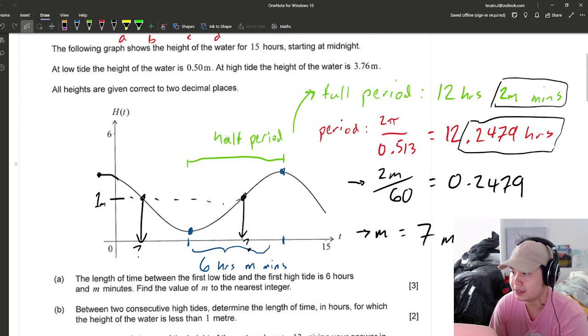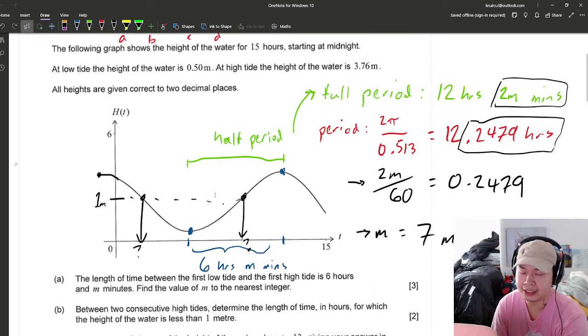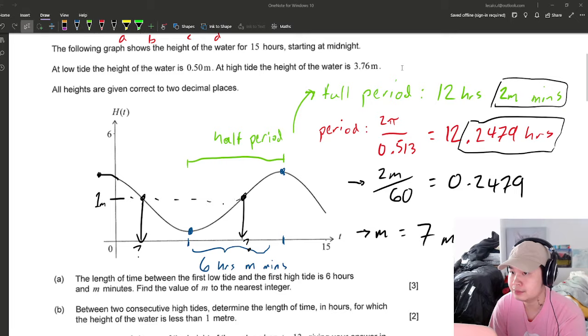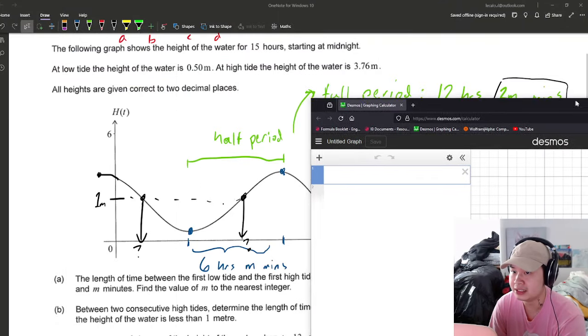Okay, so that's a GDC calculator, right? We're just going to type in this function, and then type in y equals 1, and then we can find their intersection. So let's just do that. Here's Desmos.